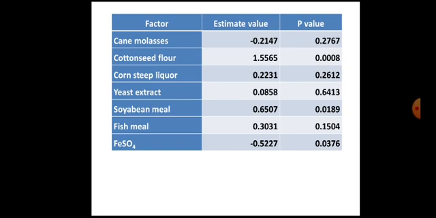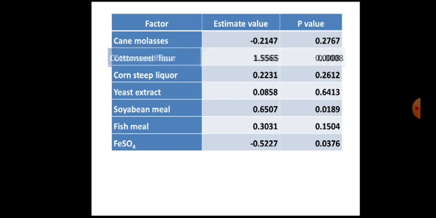If you see the next column, that is the column of p. Generally it is considered that if the value of p is less than 0.05, then that particular factor is significant. It has a significant effect on the response. Now let us see the examples.